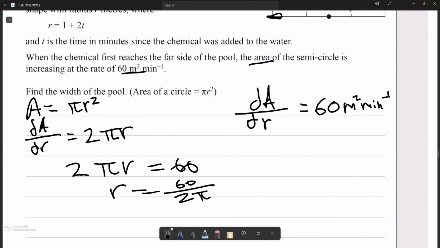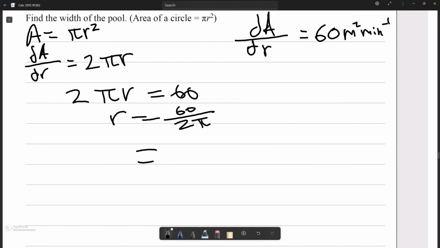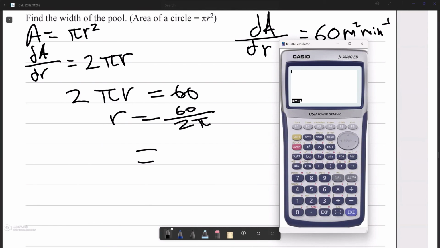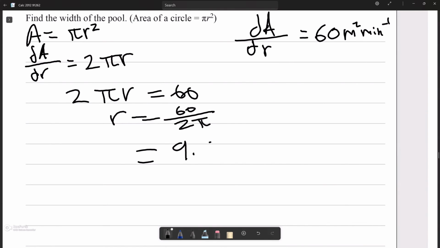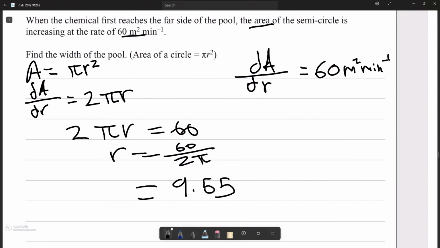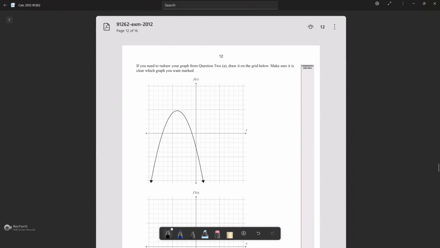Therefore, r is equal to 60 over 2 pi. 2 pi r is the same as pi times diameter, so that would be the whole width of the pool. 60 divided by 2 pi is 9.549, 9.55 meters.